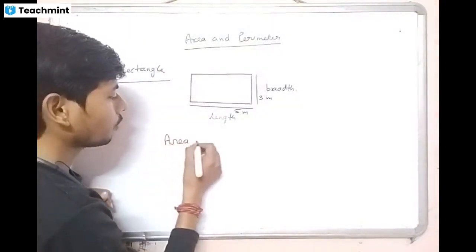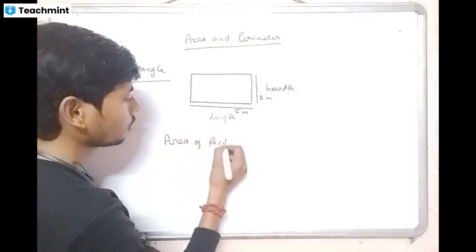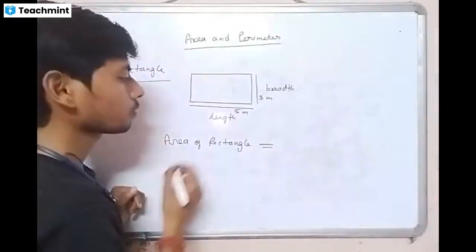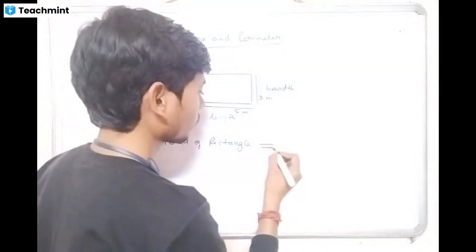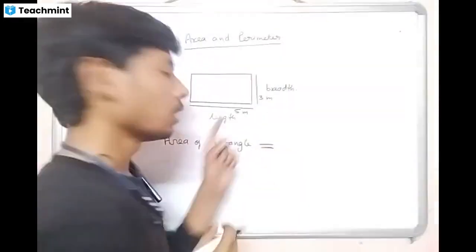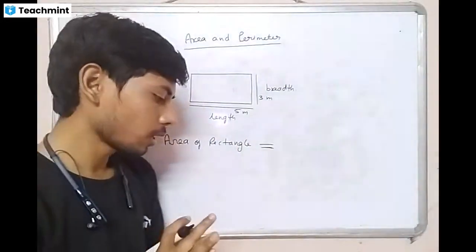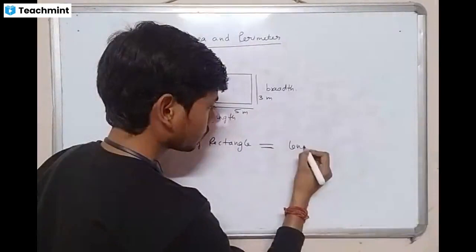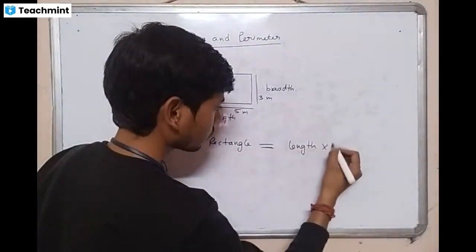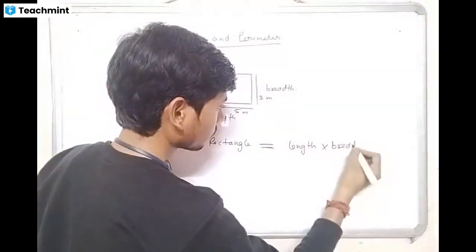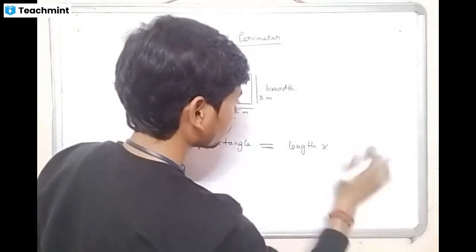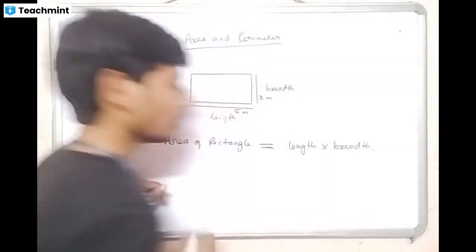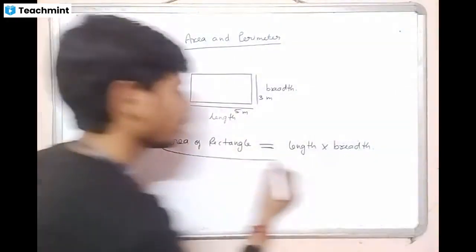So the area of a rectangle is equal to length into breadth. This is the formula for the area of a rectangle.